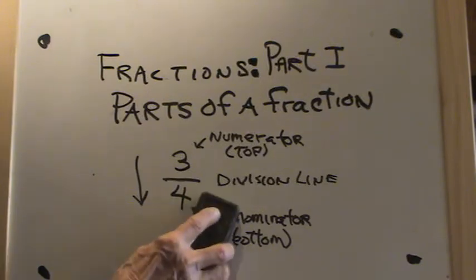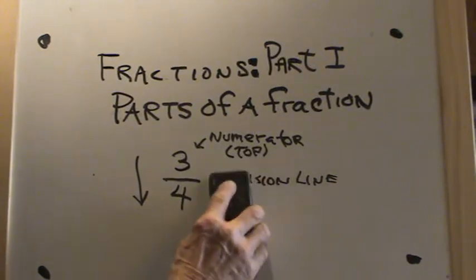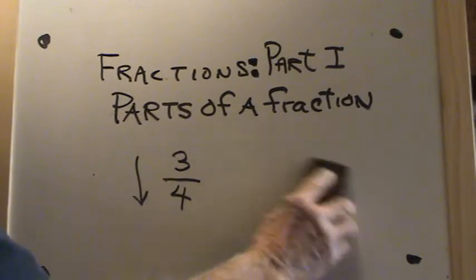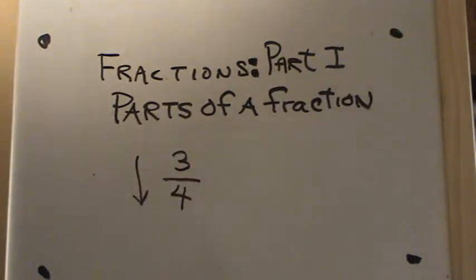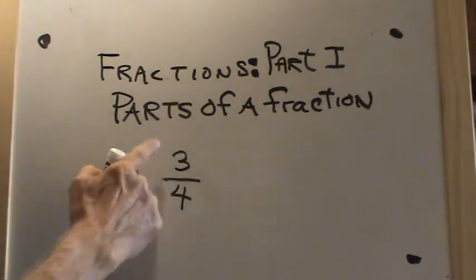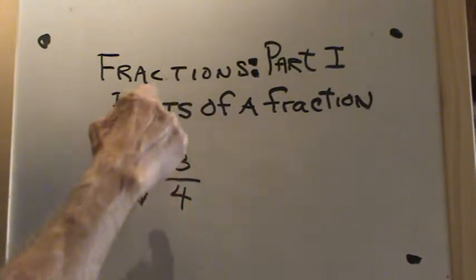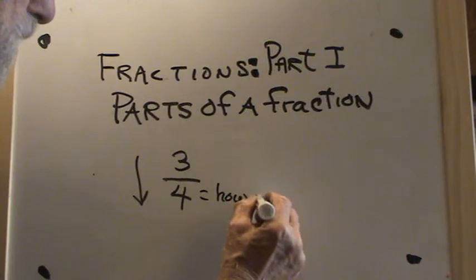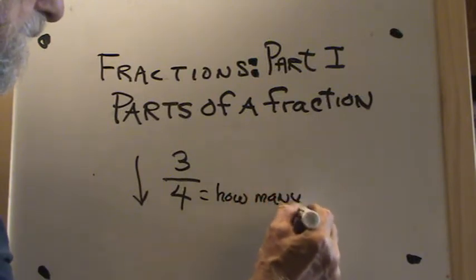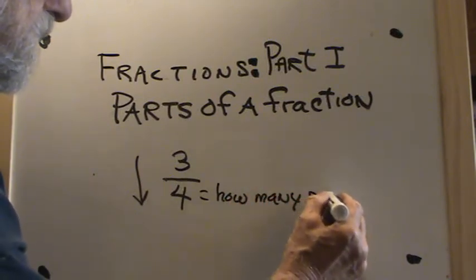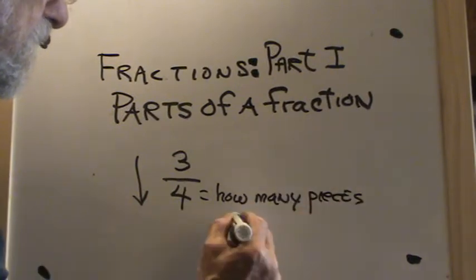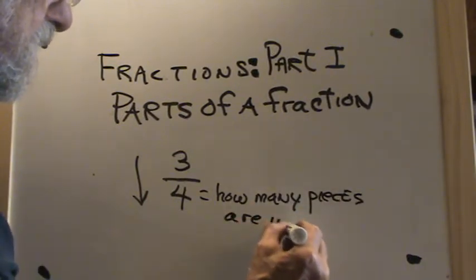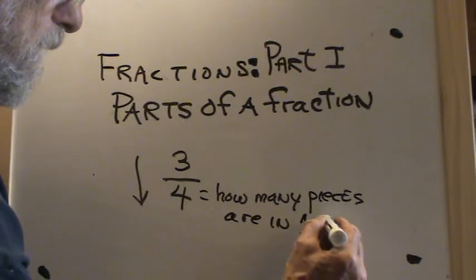Now, the parts of the fraction tell us some interesting things. The denominator, the part that's down, tells us how many pieces are in one whole.